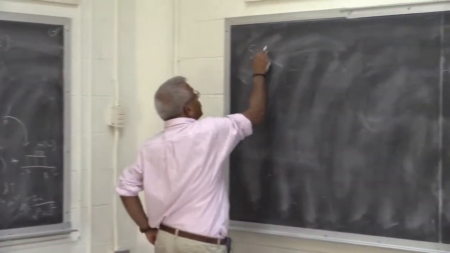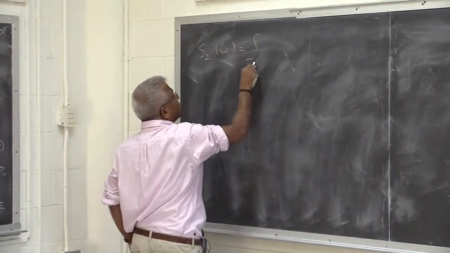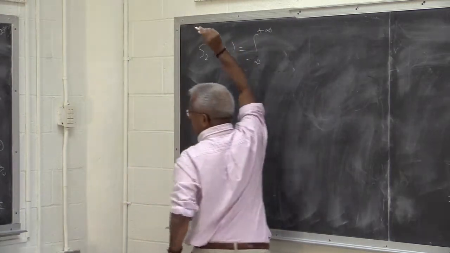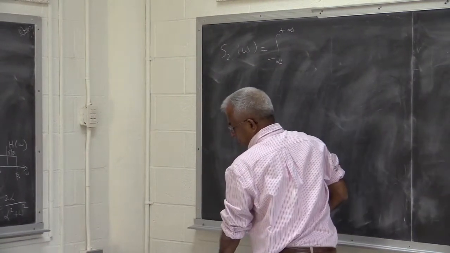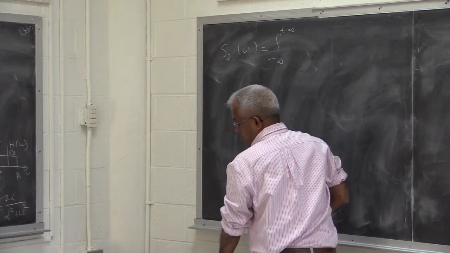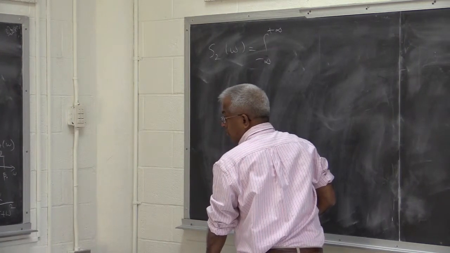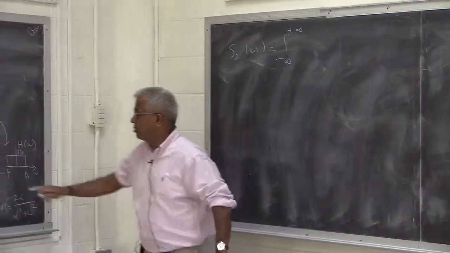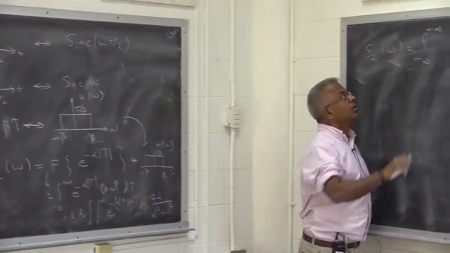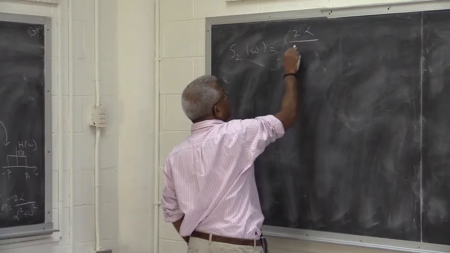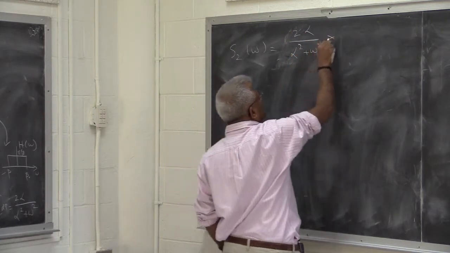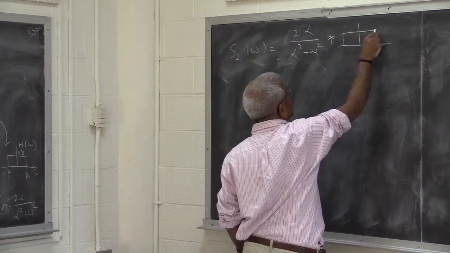So S2 of omega is the integral from minus infinity to plus infinity. The transform of this is already here. So we could write it, if you want one more step, as 2 alpha over alpha squared plus omega squared convolved with this function.